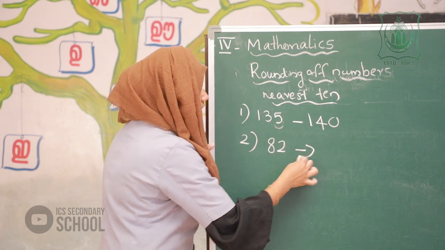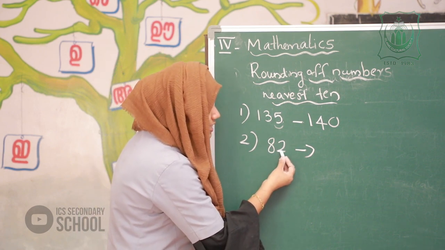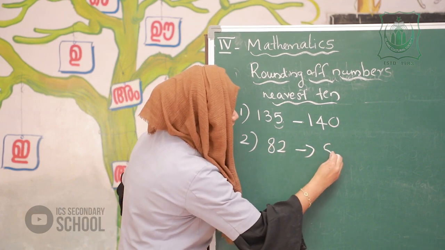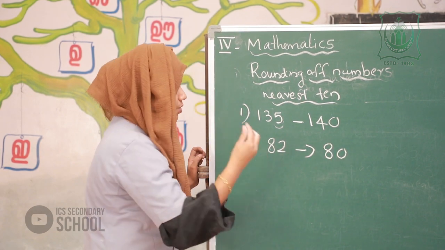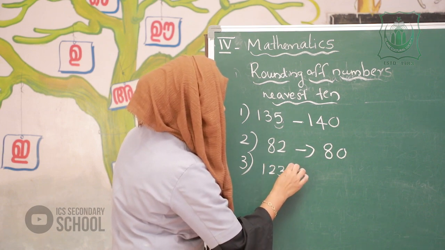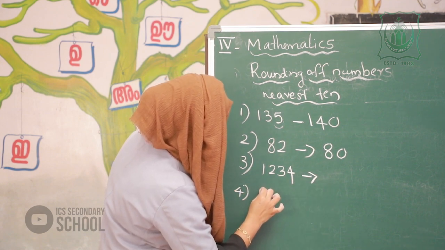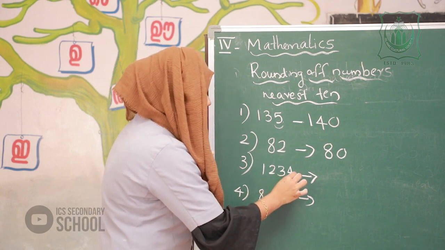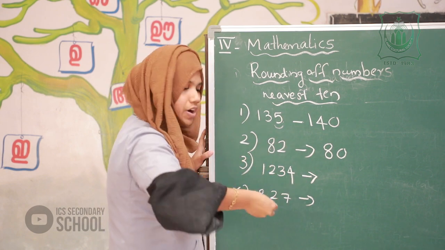Next number, 82. What is the nearest 10 of 82? The 2 in the ones place is below 5. So there is no change in the tens place, and change the ones place to 0. One more question. Which number is in the ones place? 4 is below 5.